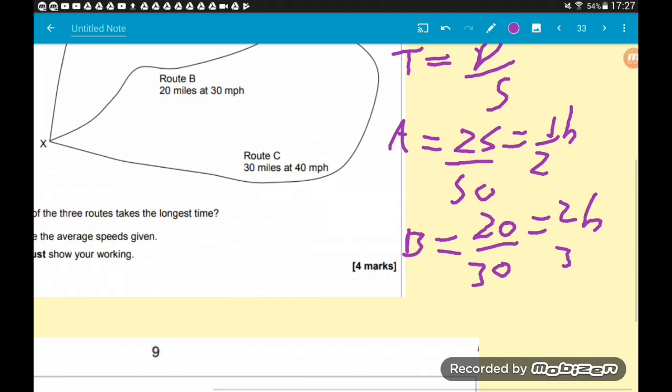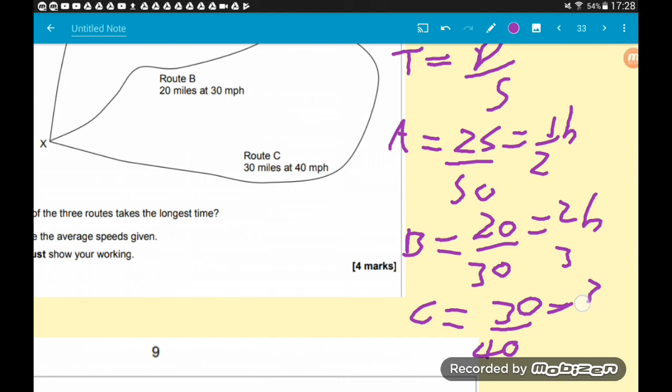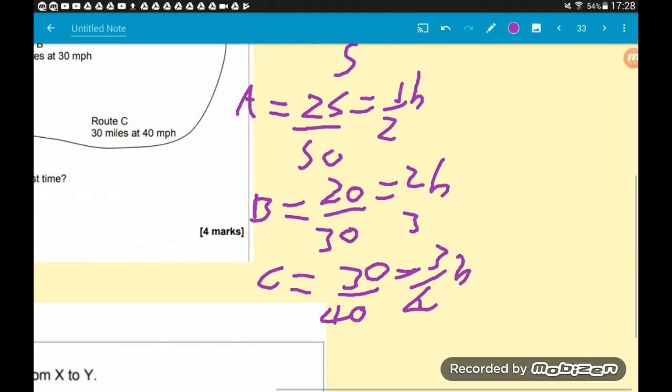Or we've got route C, which is 30 miles long at 40 miles an hour. So 30 divided by 40 is 3/4 of an hour. So we've got our 3 times in terms of hours.